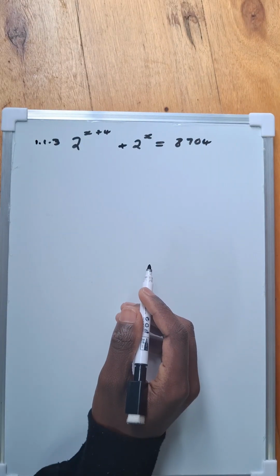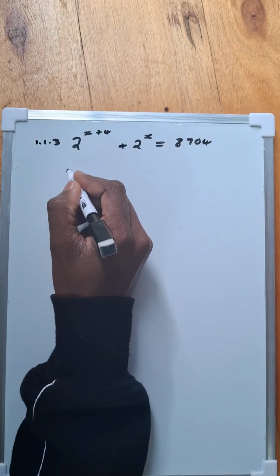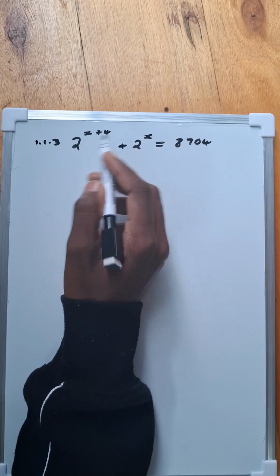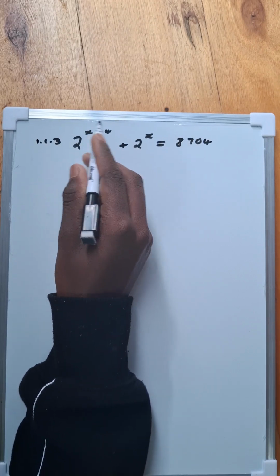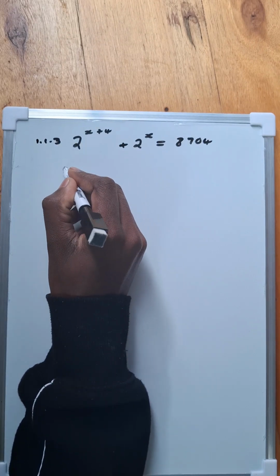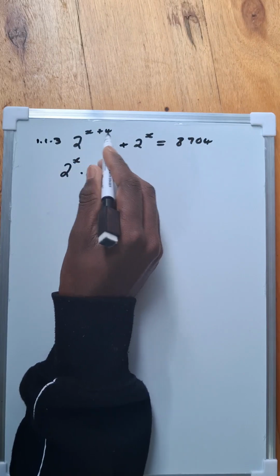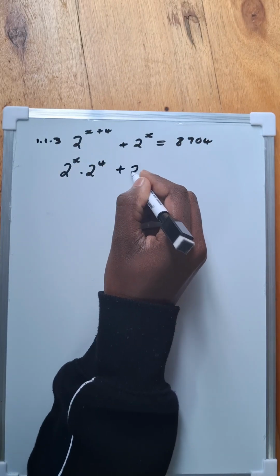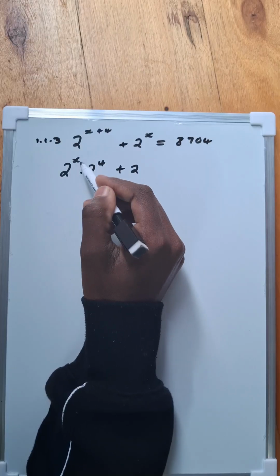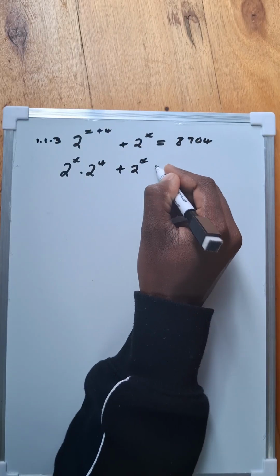So this one is exponential, so we have to factor out what's common here. We can break down this first one, so it should be 2 to the power x times 2 to the power 4. Since we are multiplying, we add the exponents, so no change here.